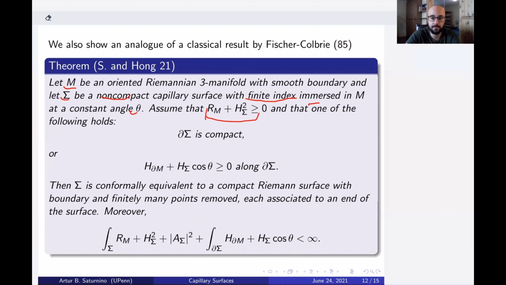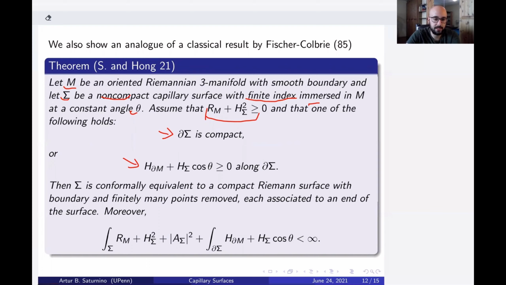the scalar curvature of M summed with the square of the mean curvature of sigma is non-negative, and that one of these holds: either the boundary of M is compact or the same inequality that we had before holds along the boundary of sigma.